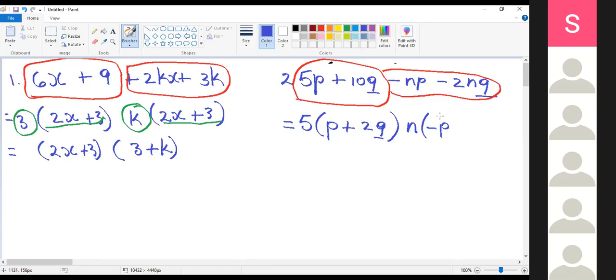The bracket wouldn't correspond if it is supposed to be like that. The brackets would not correspond. So how would you make the brackets to be the same? It would be N P plus 2Q. So what factor would you need to use to make the brackets be the same? What would the factor need to be?